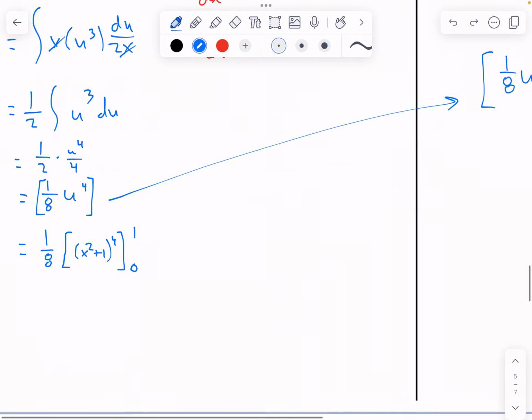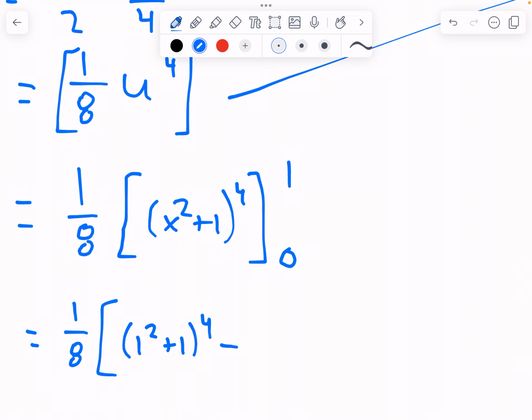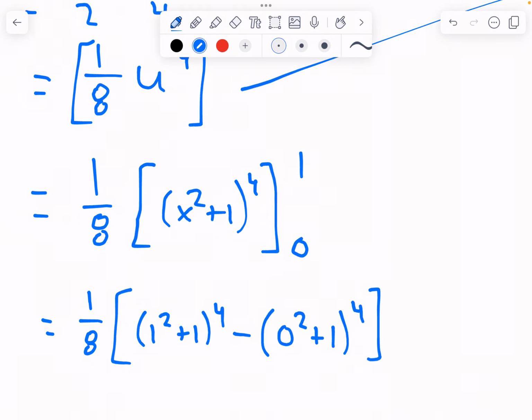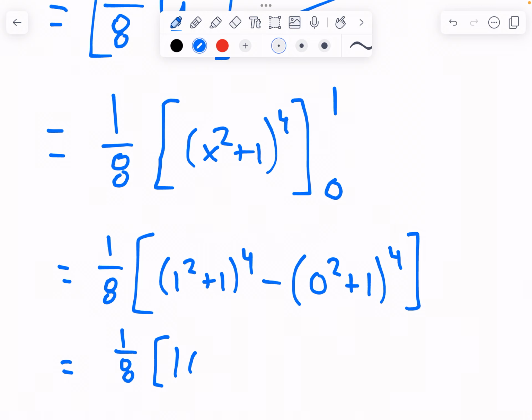And now if I go through the process of running these numbers, I'll have 1/8, and then 1 squared plus 1 to the fourth. That's like capital F of b in that fundamental theorem of calculus definition, minus capital F of a, 0 squared plus 1 to the fourth. This is 1/8, and that would be 2 in there. 2 to the fourth is 16.